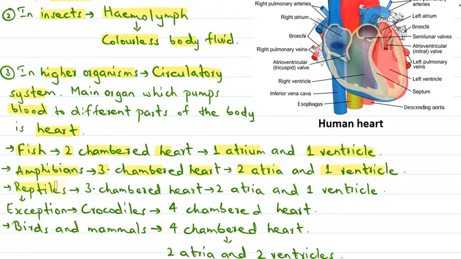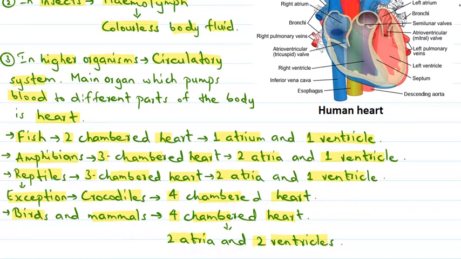Then reptiles also have three-chambered heart consisting of two atria and one ventricle, but there is an exception in case of reptiles, that is, crocodiles have a four-chambered heart unlike all other reptiles, whereas birds and mammals possess four-chambered heart consisting of two atria and two ventricles.